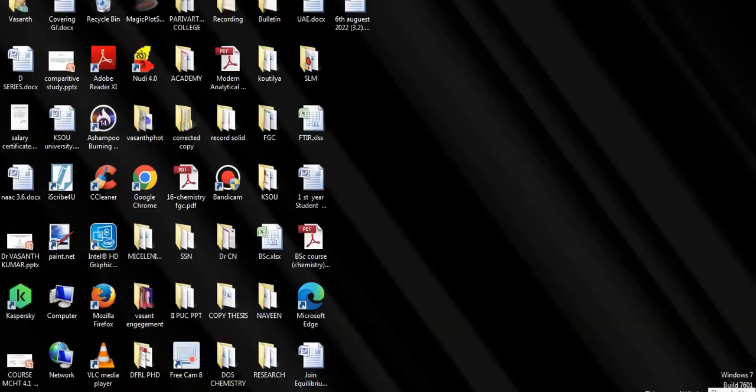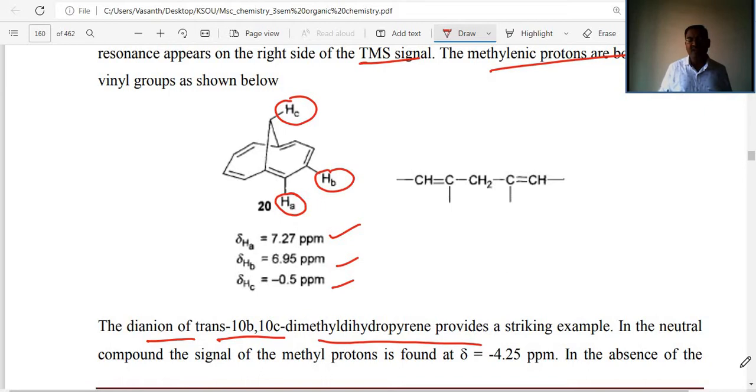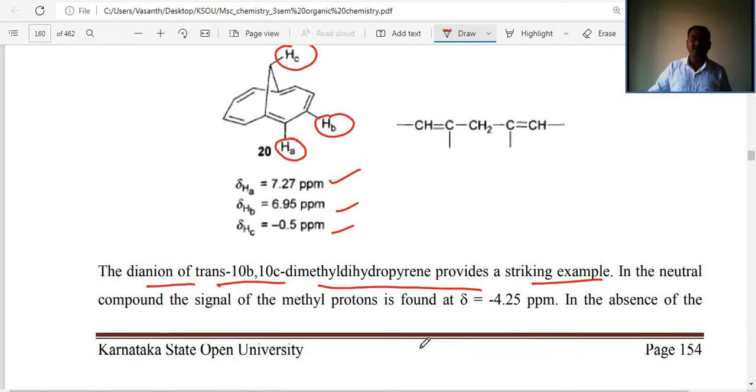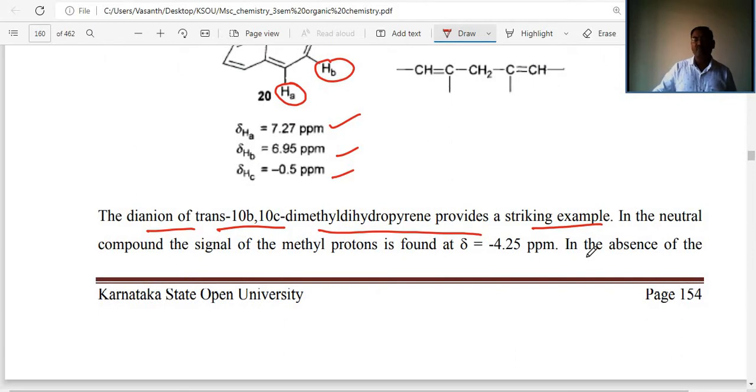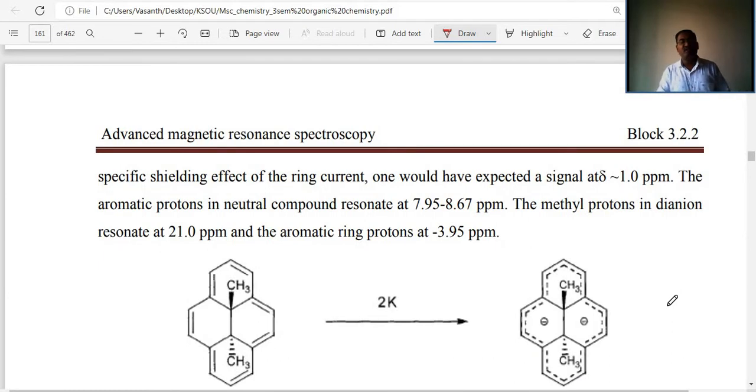The dianion of trans-10b,10c-dimethyldihydropyrene provides a striking example. In the neutral compound, the signal of the methyl protons is found at minus 4.25 ppm. In the absence of the shielding effect of the ring, one would have expected a signal at delta 1 ppm.